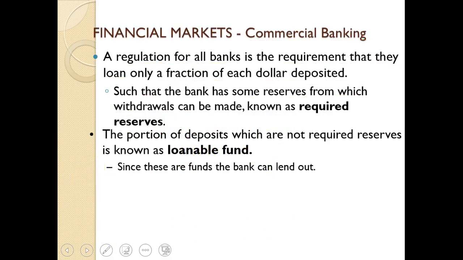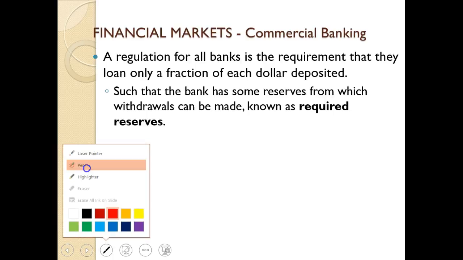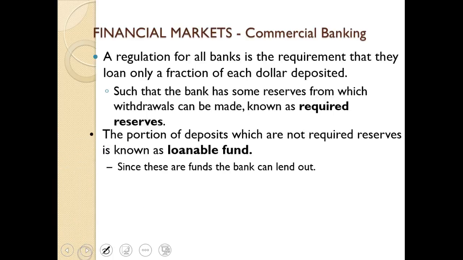So, the remaining portion of deposits, which are not required reserves, are known as the loanable fund, since these are funds that the bank can lend out. So if we go back to our example, if they have $5,000 in the bank, they are required to keep 20% of that.